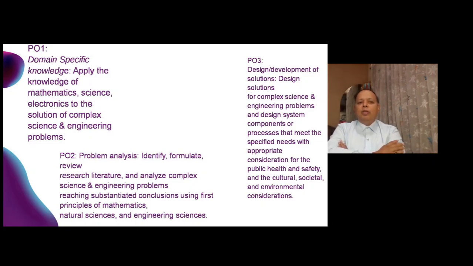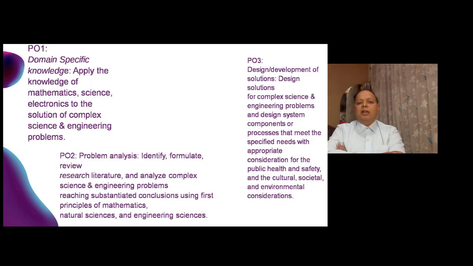You should be able to review the research literature, so that you will come to know what the predecessors, the previous research groups, the previous technocrats have done, as far as your domain is concerned. And then you can analyze the complex science and engineering problems, so that you can reach substantiated conclusions. Here what's important is substantiated conclusions.